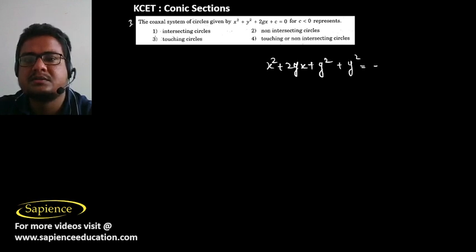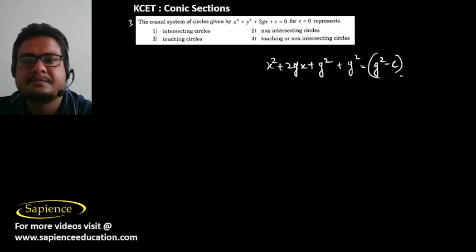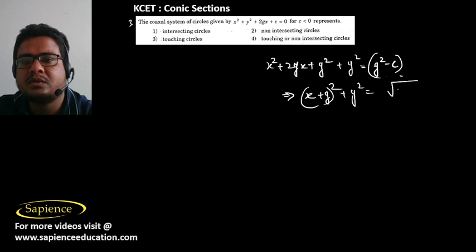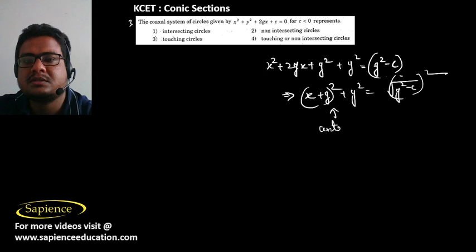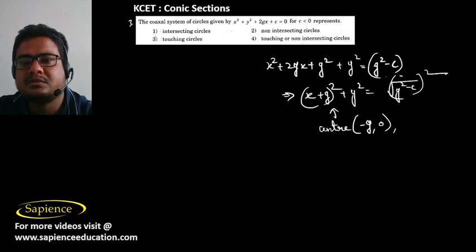So that is x plus g whole square plus y square equal to g square minus c. So here the center is at minus g comma 0, and the radius is the square root of g square minus c.